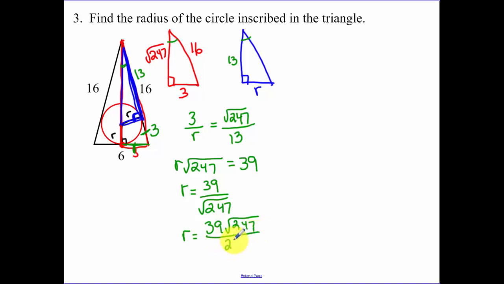That leaves me with just regular 247 on the bottom. Now, using your calculators and looking at common multiples, 13 goes into 39 and 13 goes into 247. So that's going to simplify to 3 square root of 247 all over 19.